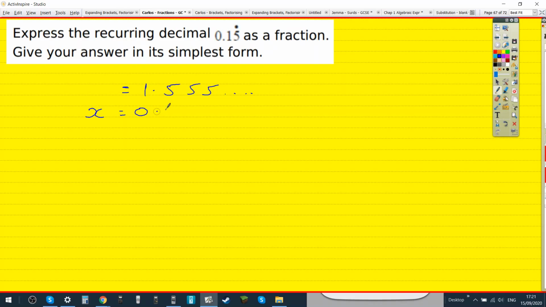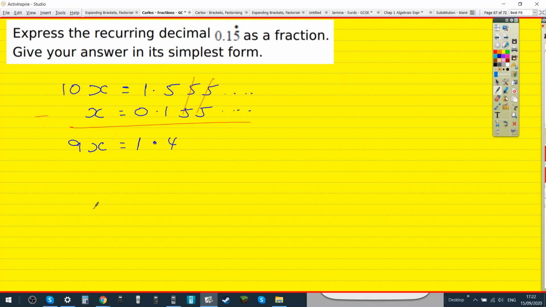And then if you take away, all the 5 minus 5s will get cancelled because it will just add up to 0. And then you do 1 minus 5, which is 4, and then 1 minus 0, which is 1. And the 10x minus 1x is 9x.